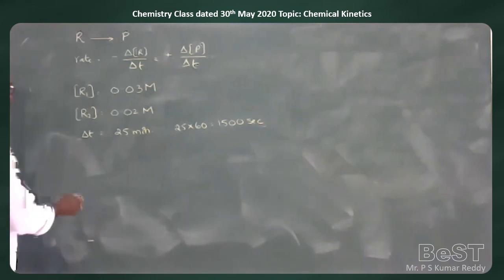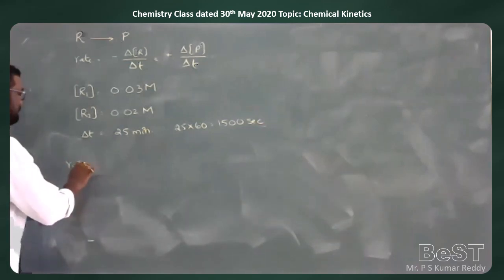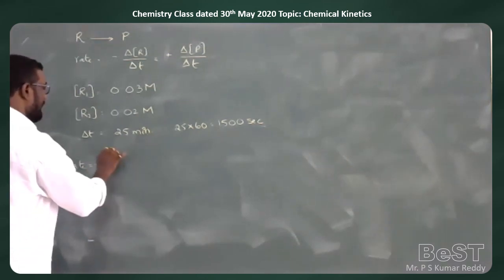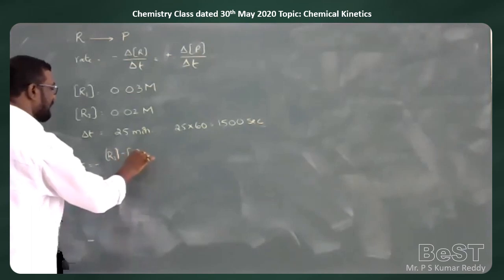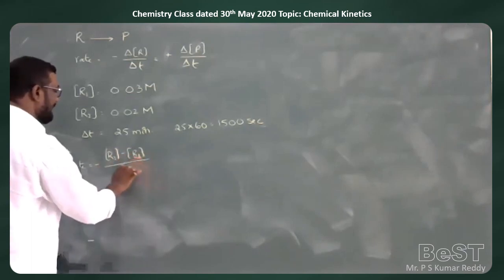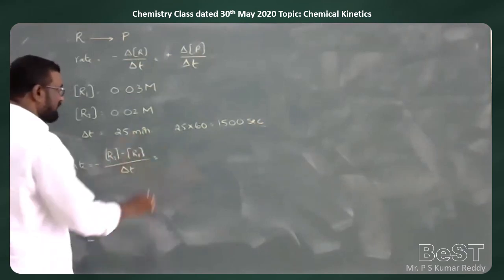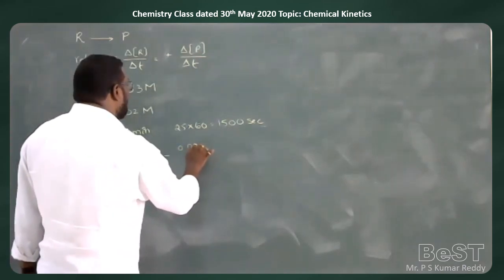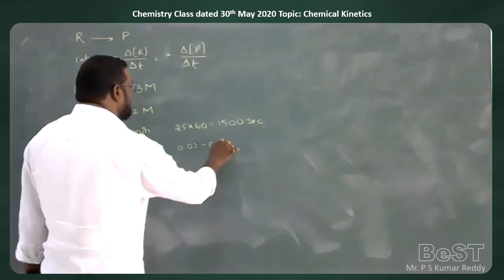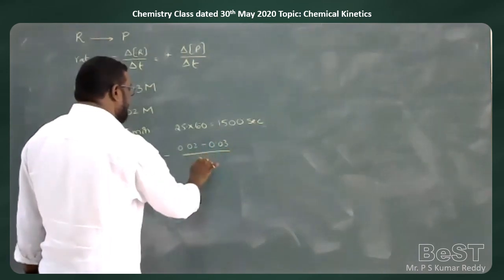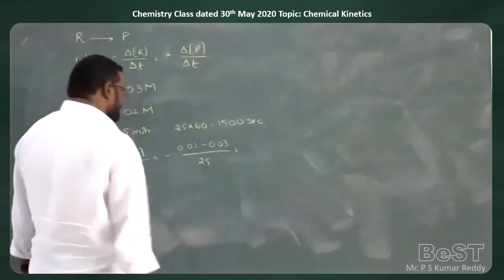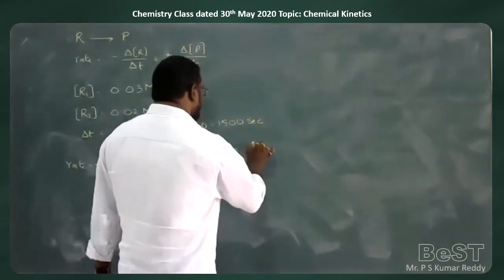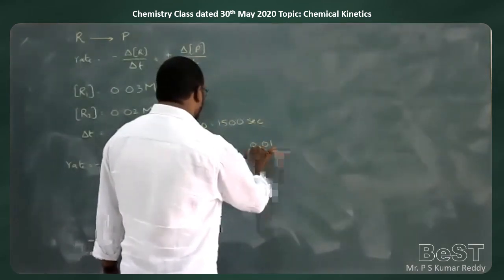So therefore, rate is equal to minus R2 minus R1 by delta t, which is equal to minus 0.02 minus 0.03 by 25, which is equal to 0.01 by 25.